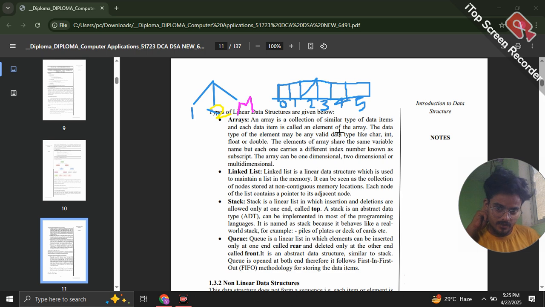So arrays are further divided into multi dimensional. So now we will move to linked list.